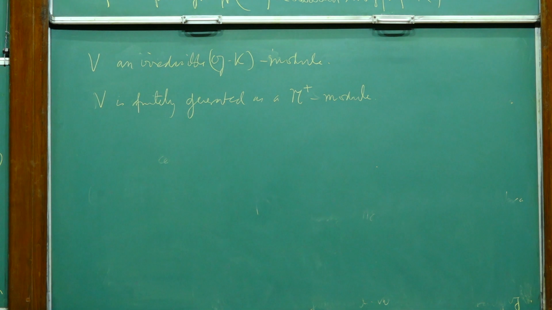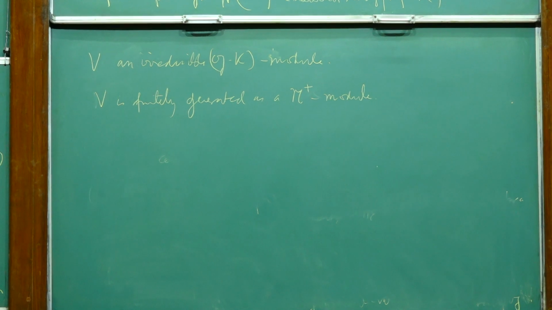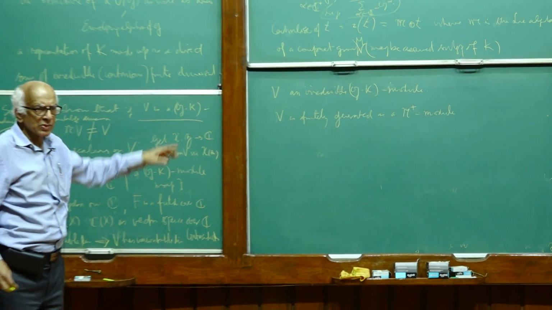This is essentially a consequence of the irreducibility of the representation, and you use the proof of the Harish-Chandra isomorphism to conclude this fact that V is finitely generated as an n plus module.